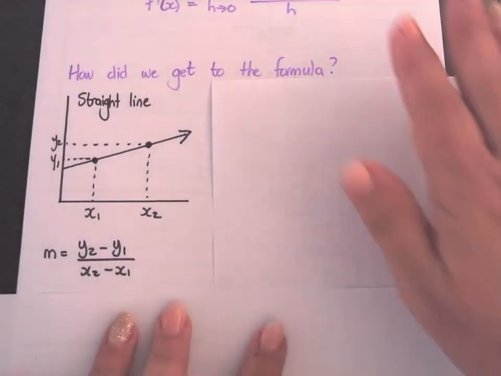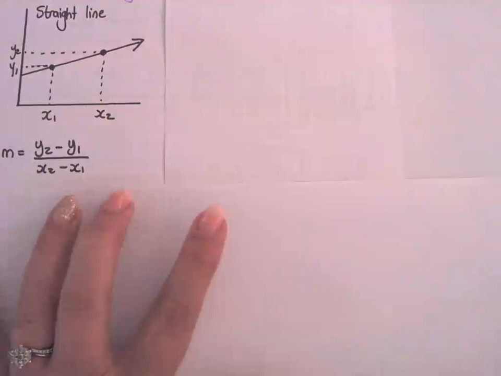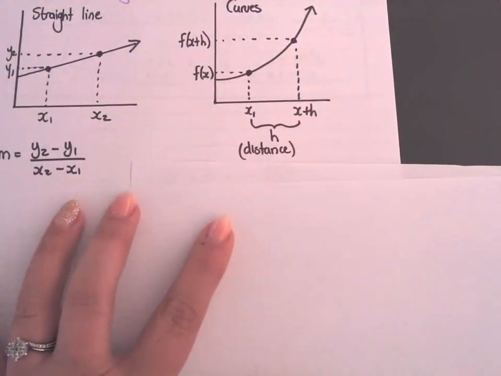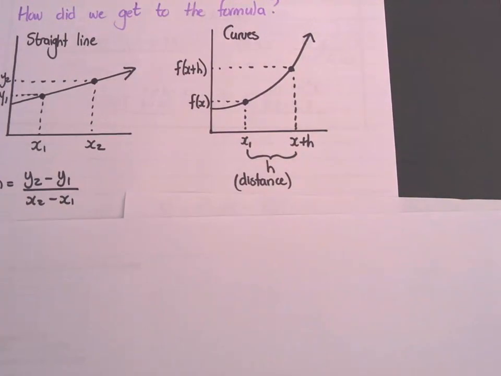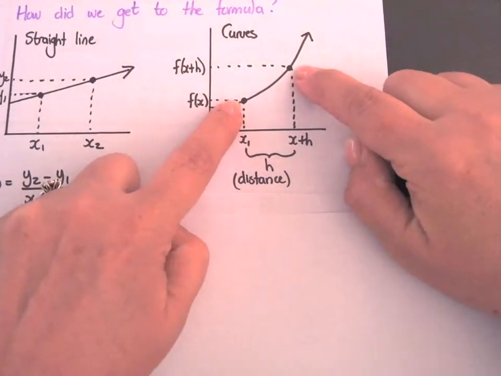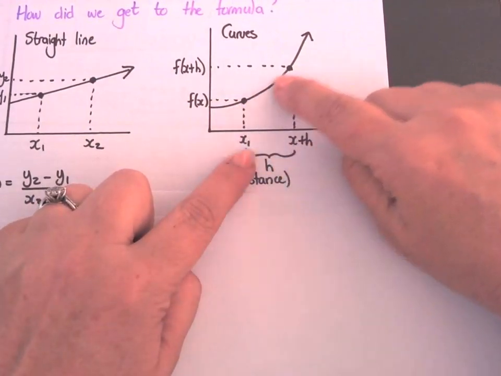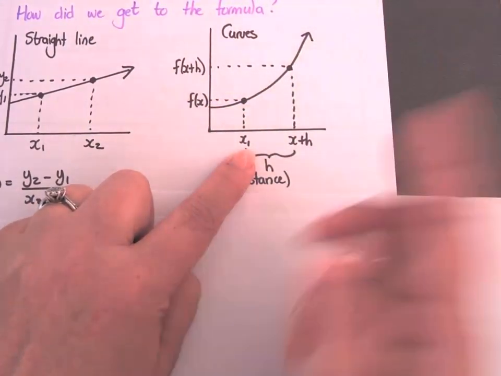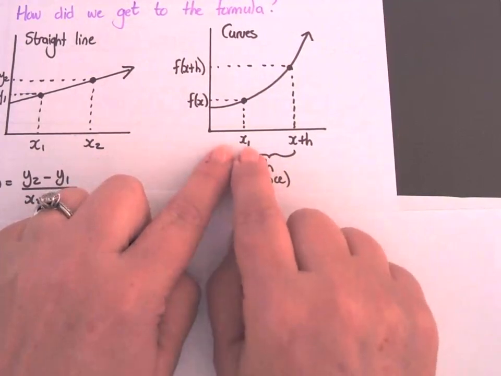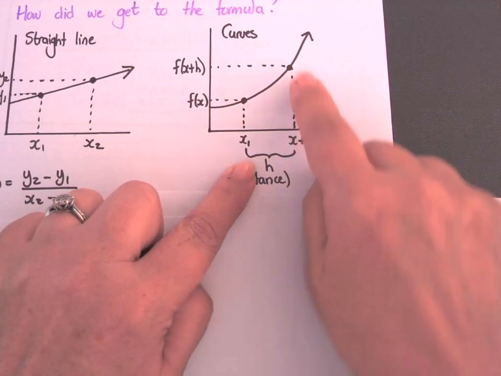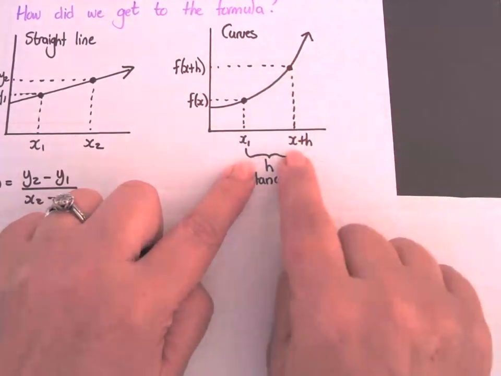What happened at curves, like the exponential function? Also between 2 points, identify the first x value. But now, because it's not a straight line but a curve, we said, okay, let's take h as a distance to the next x value. So the next x value will be x plus h.